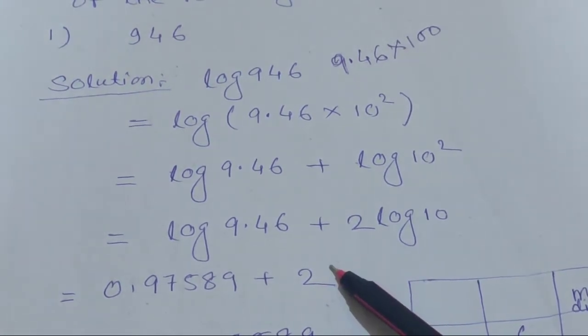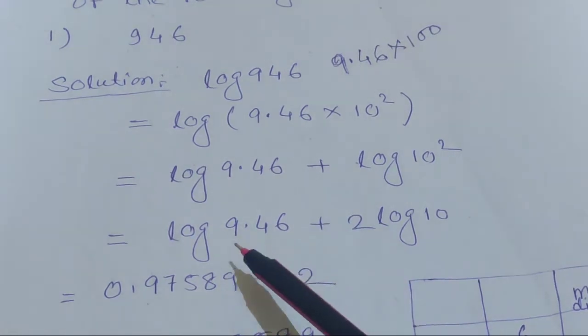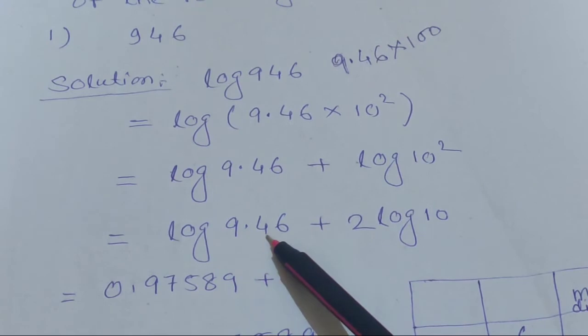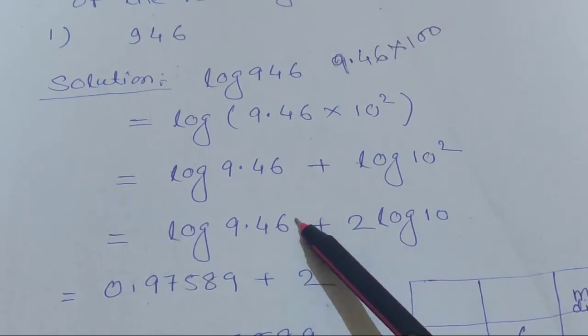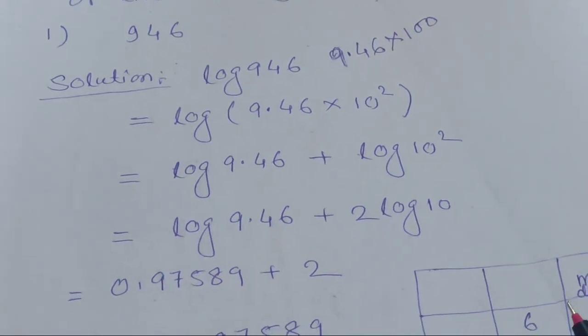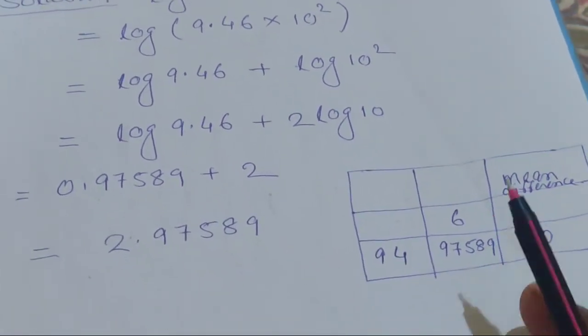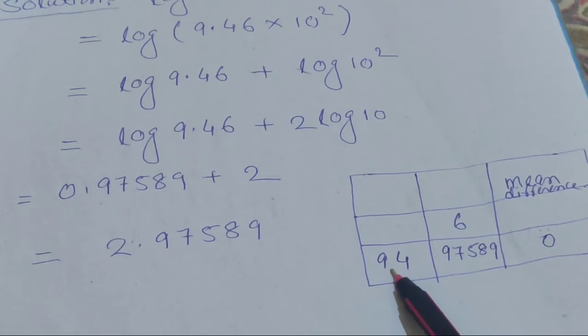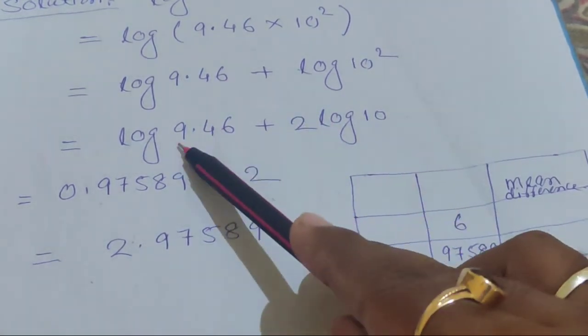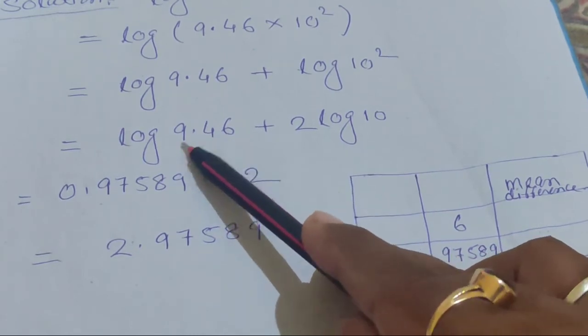Now what about the mantissa? To find the mantissa, we have to see the table. In that table, we have to see the value of 94 in the horizontal column of 6. If I draw the table, it will look something like this. In the vertical column 94, and in the horizontal column 6, because from the left side 94 is the number we have to see.